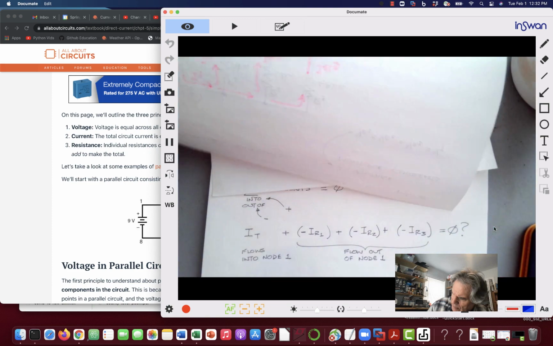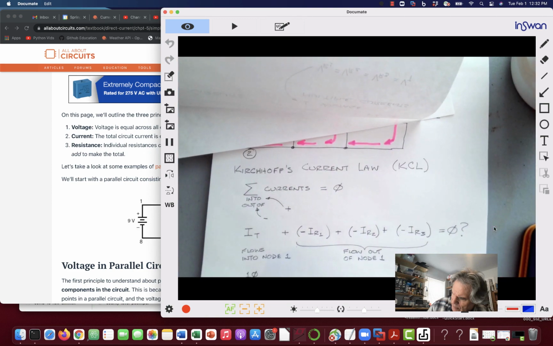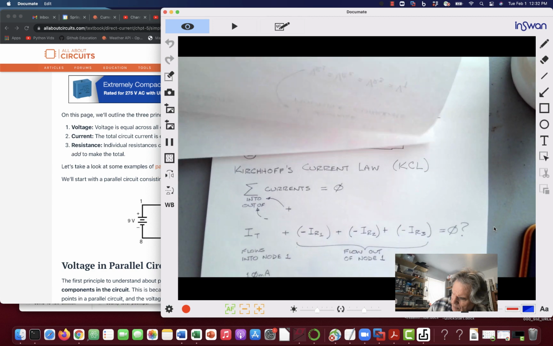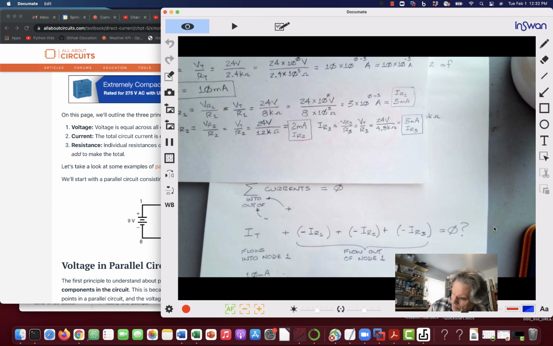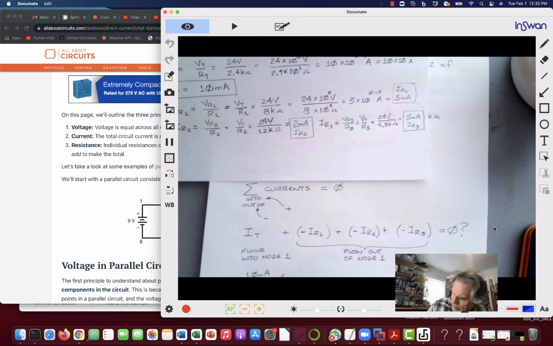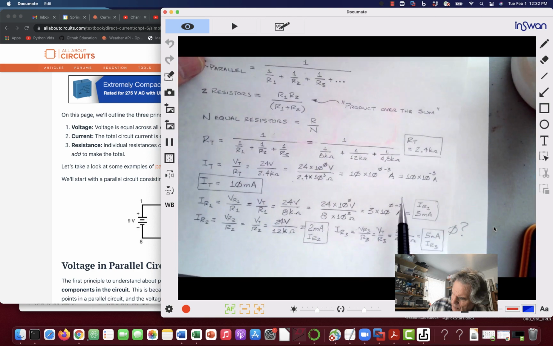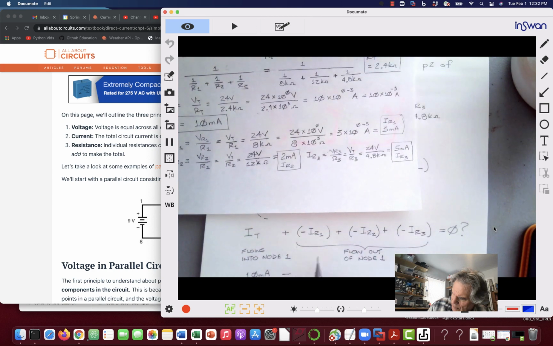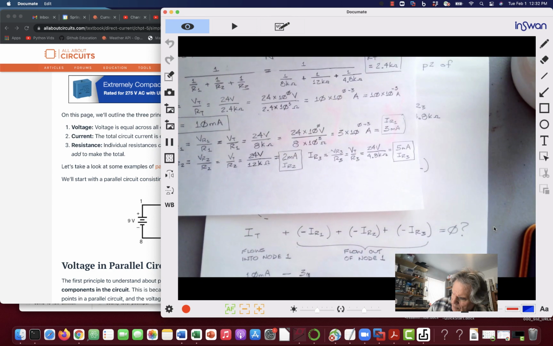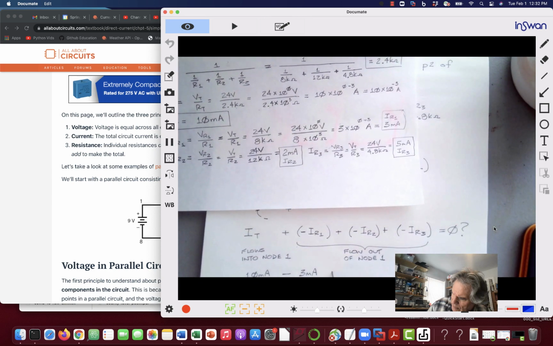So let's bring over our other paper here. IT total is 10 milliamps. And then we're going to have minus IR1, which is here 3 milliamps. So I can subtract 3 milliamps, and we could do plus minus and all that, but it's going to come out the same.